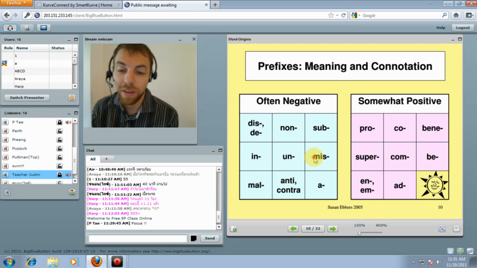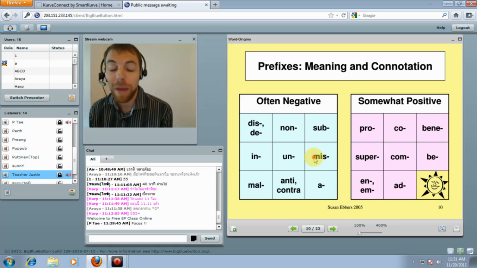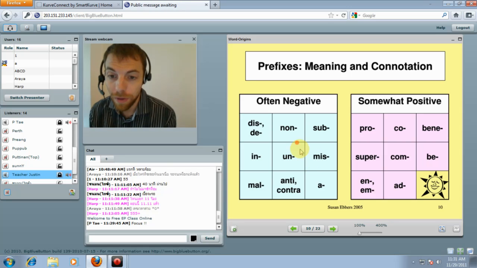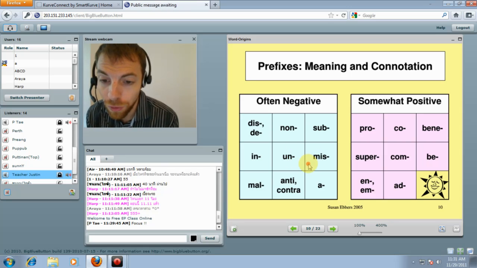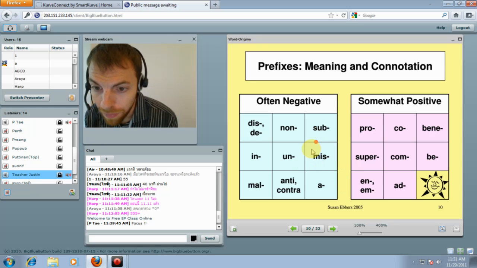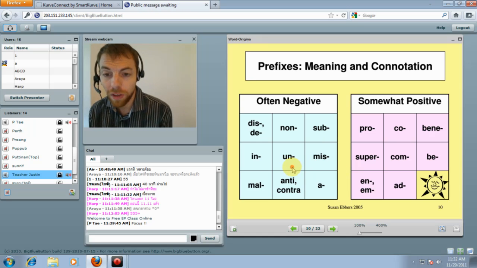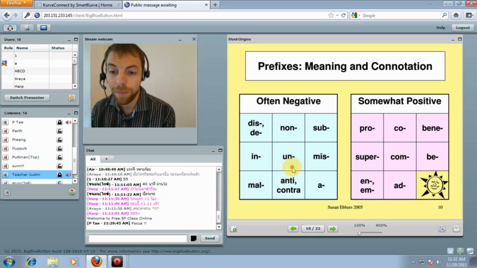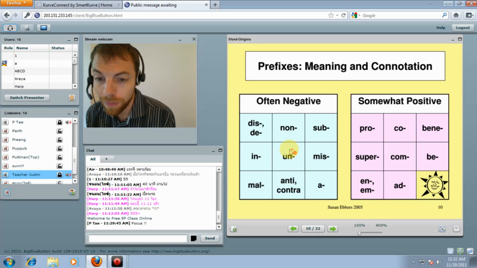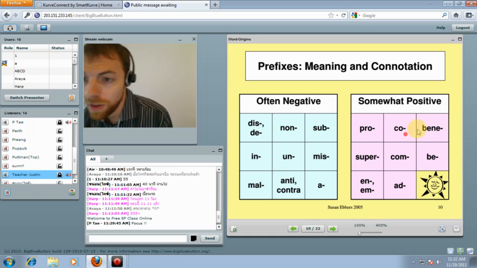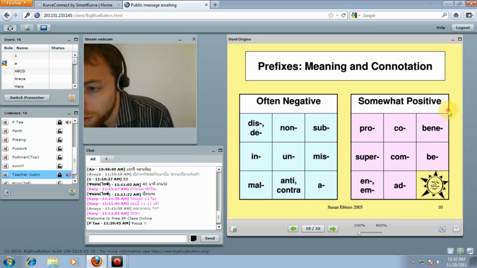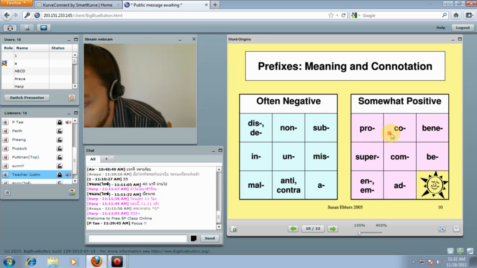So it's going to be something bad, never something good. If you have to undo something, you have to do it one more time. All right. So let's go back. Let's see about some positive prefixes. Words like pro. Pro is positive. Co.